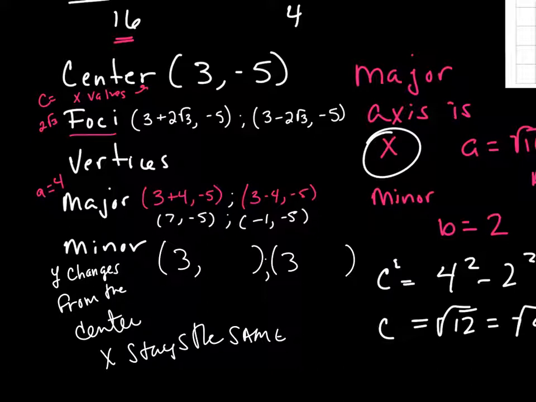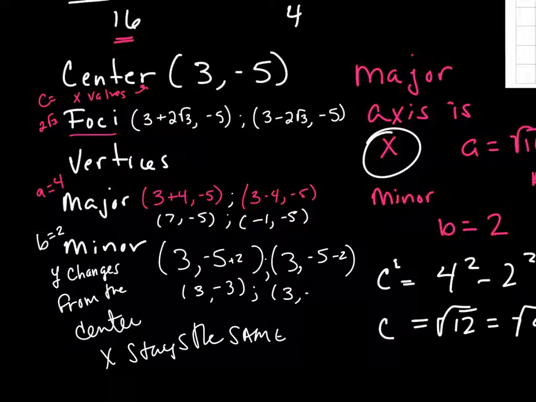And my y was -5. Now the minor axis changes over b, and we found b to equal 2. So that's just going to be -5 plus 2 for the first one, and the other one would be -5 minus 2. So those final points would be 3, -3, and then 3, -7.